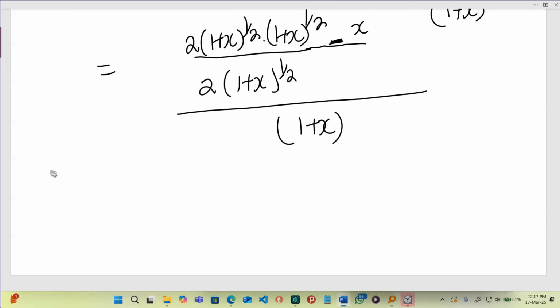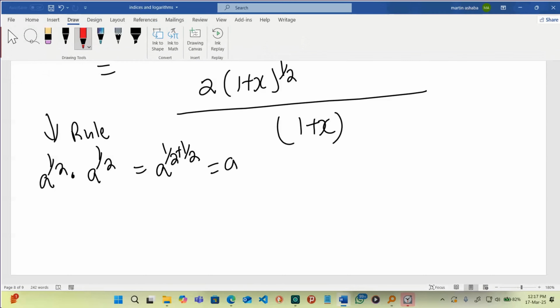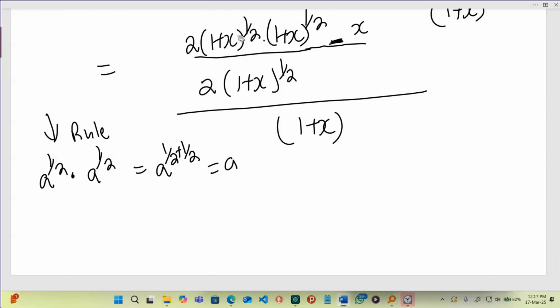So imagine if I had treated this as if you had a power a half times a power a half. This will equal to a power a half plus a half. And this is the same as a raised to a power 1. So what does this call us to do? We apply the same concept here.